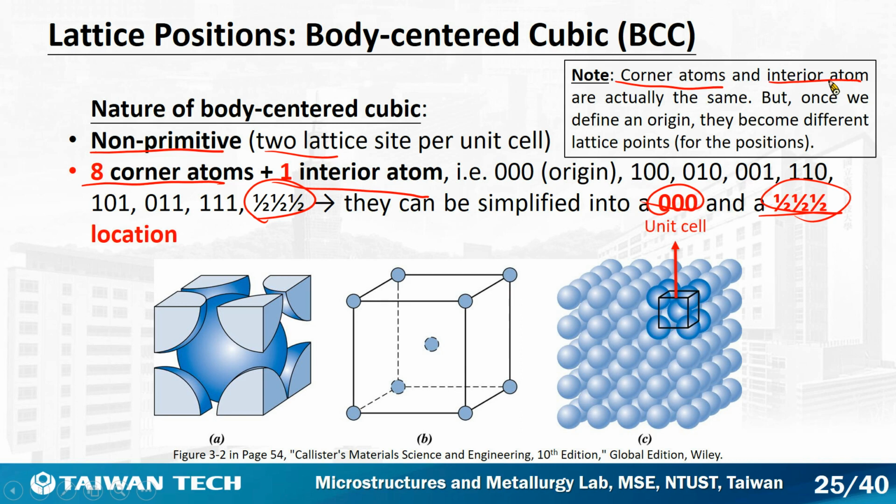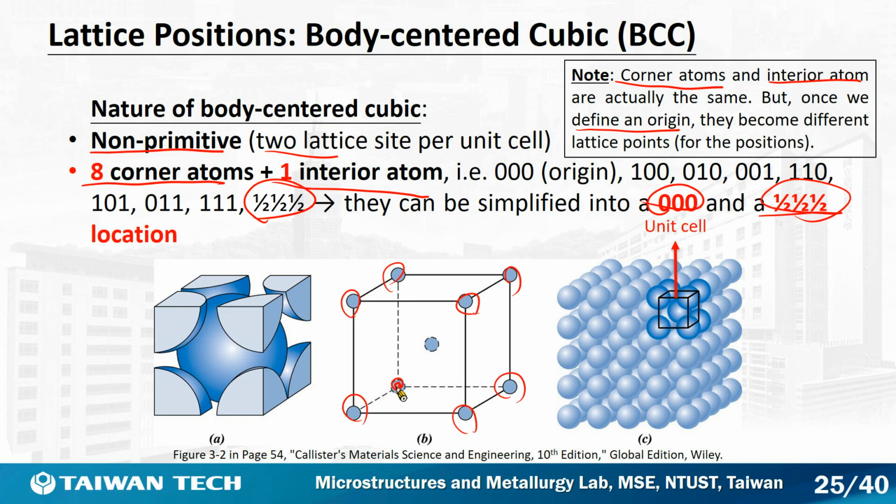for us to use point indices to talk about these points, we must first define an origin. For example, if we define this origin, then we will know that these are corner atoms. So we need to classify them.